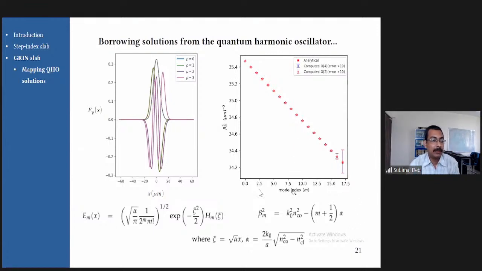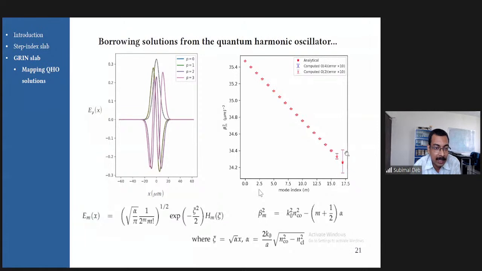And we have compared these solutions with what we obtained with our finite difference scheme, and they do match remarkably well. I have put error bars for both the second and fourth order schemes, and you find that the second and fourth order schemes yield more or less the same values, no visible difference in them, but there is a slight difference with the analytical values when you go to the higher eigenvalues, the higher order modes.